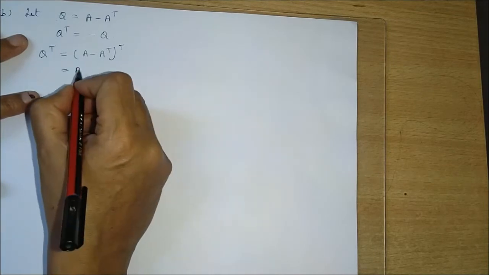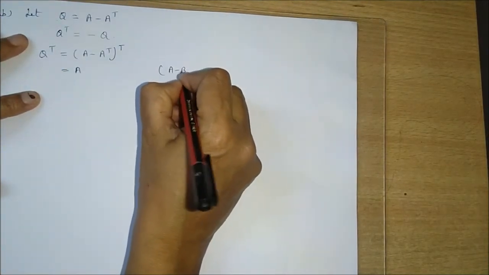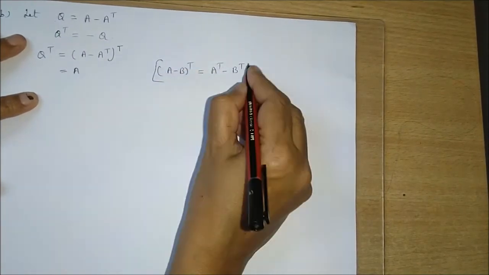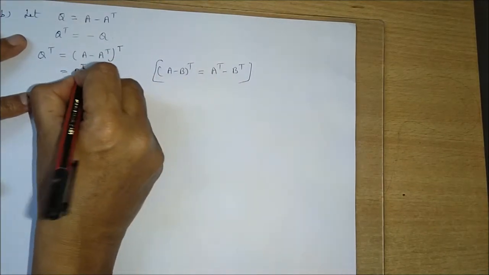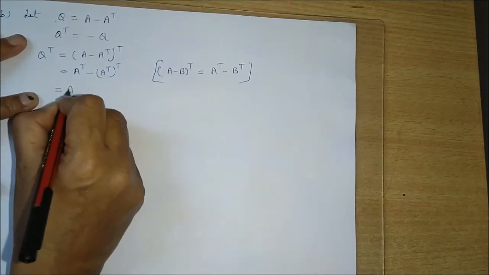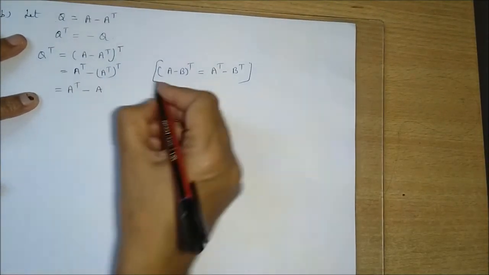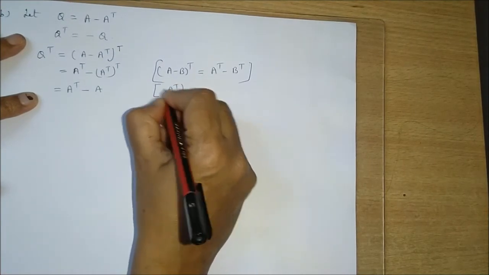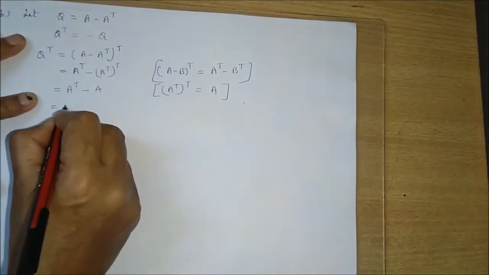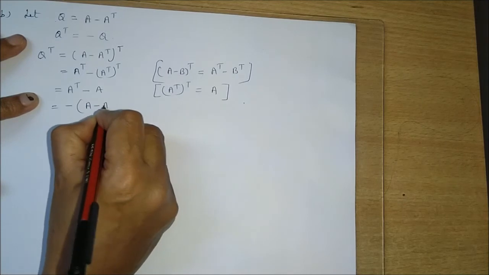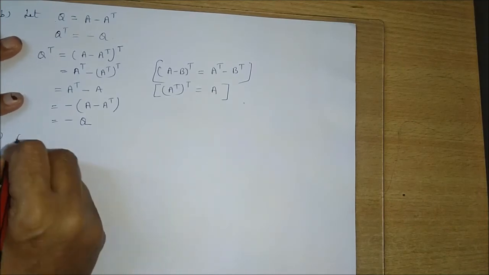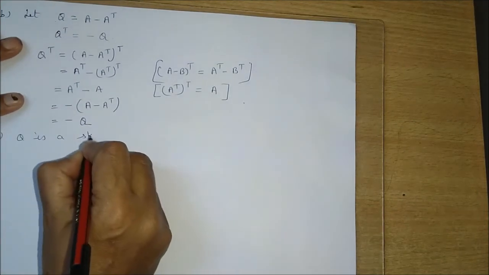By using the property that A minus B whole transpose can be written as A transpose minus B transpose, we get A transpose minus transpose of A transpose, which is equal to A transpose minus A only, as transpose of A transpose gives the matrix A itself. So taking minus common, we get minus of A minus A transpose, which is equal to minus Q. That implies Q is a skew symmetric matrix.